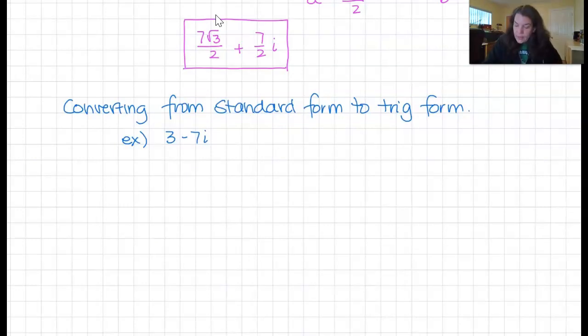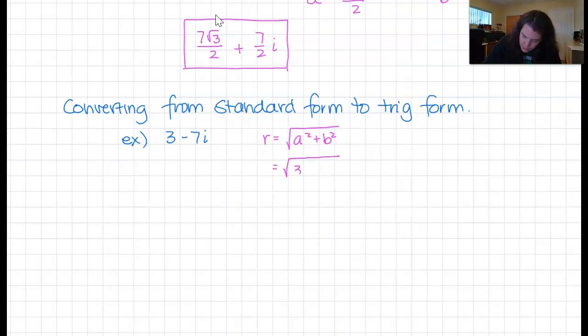So we need r and theta to go to trig form. r is easy, so let's get the easy thing out of the way. r is the square root of a squared plus b squared, which in this case is the square root of 3 squared plus negative 7 squared.